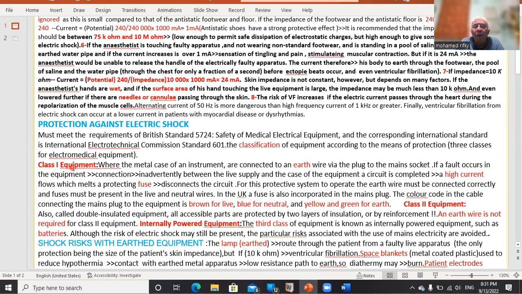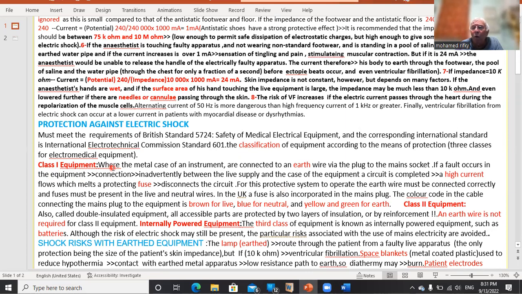Equipment one is made of an isolator, and there is the main component in the middle, and you will see in the picture how a short occurs when there is a fault.